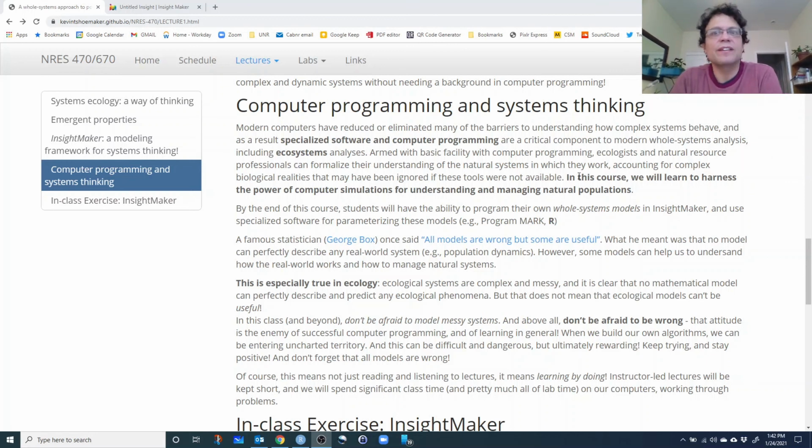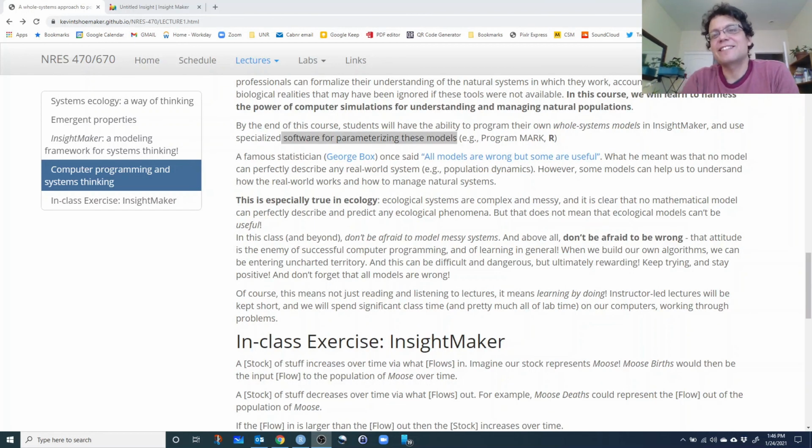In this course, we're going to spend a lot of time learning how to harness the power of computer programming and computer simulations for understanding and managing natural populations. And by the end of this class, you should all have the ability to harness computers to model a wild population of your choosing and to make management or conservation recommendations for that species. So that's where we're going.